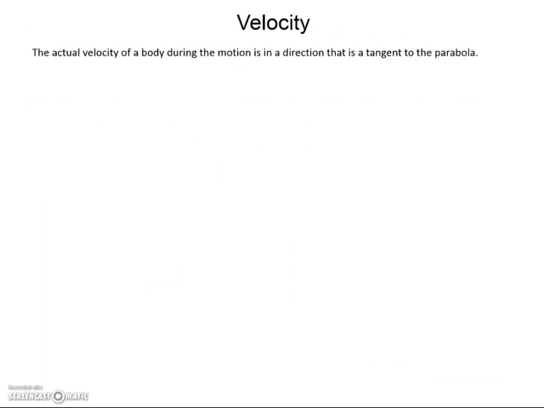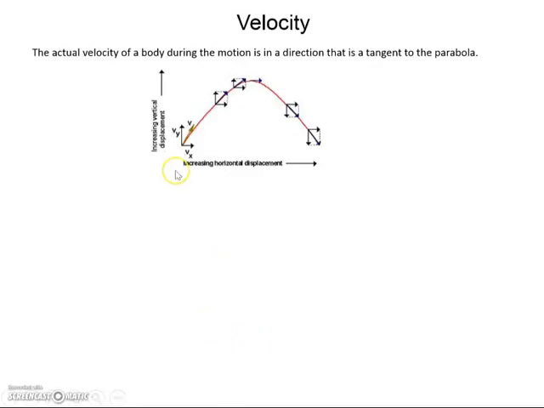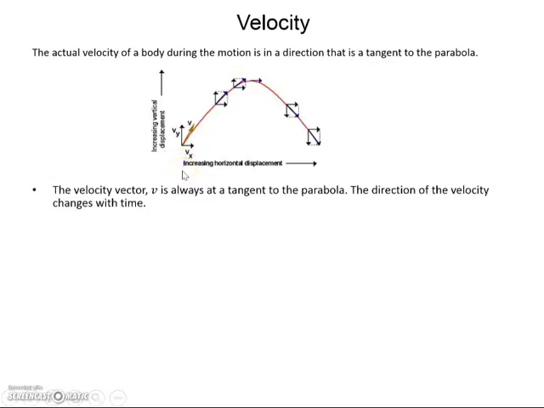Okay, now velocity. This slide pretty much sums everything up that we've covered in this part. If we look at the actual velocity, so the actual motion of a projectile, its motion is in a direction that's a tangent to that parabola. You can see it's slowly following on this red line here.